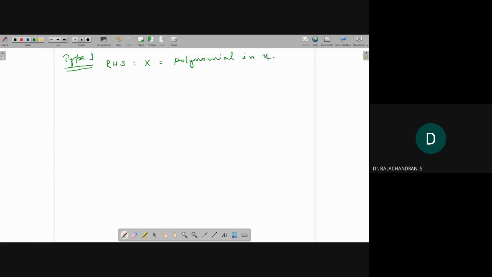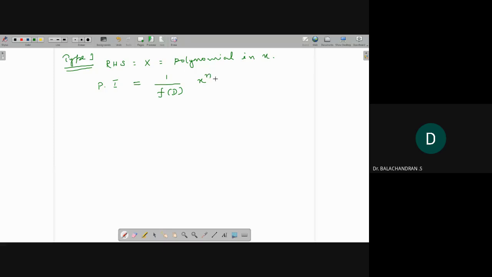Suppose your right hand side is a polynomial in x, then you should write PI as 1 by f of D into x power n.